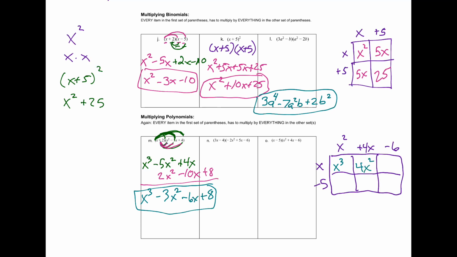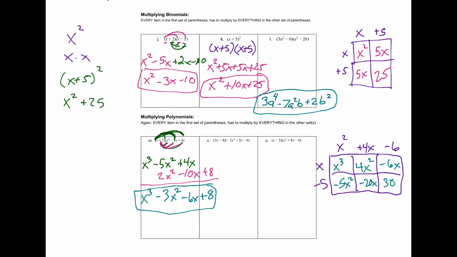Then let's do the other box, x times negative 6, negative 6x. Bottom row, x squared times negative 5, negative 5x squared, negative 5 times 4x, negative 20x, and negative 5 times negative 6, a positive 30.